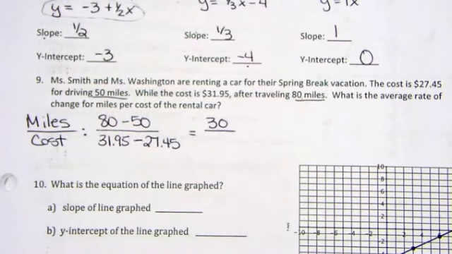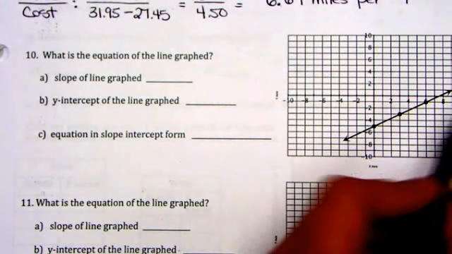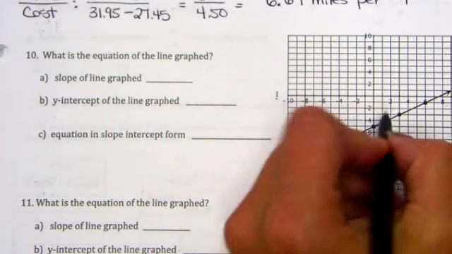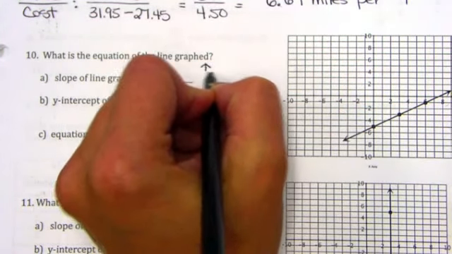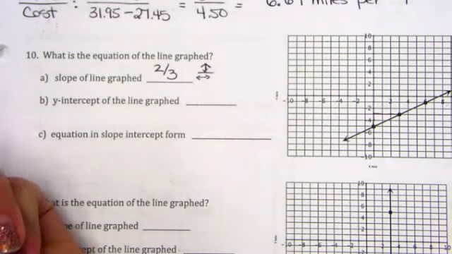The next thing you need to be able to do is identify the slope from a graph. Okay? So looking at this graph, if you pick 2 points, you can count the slope. Remember, slope is the rise over the run. So from this point right here, I go up 2 and over 3. My slope is 2/3.